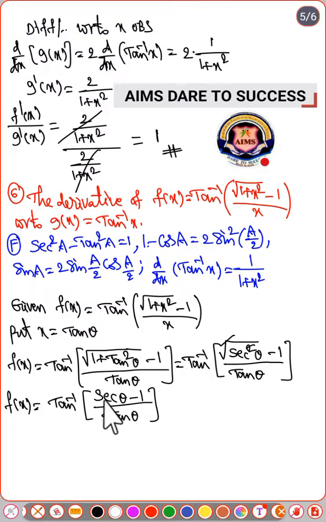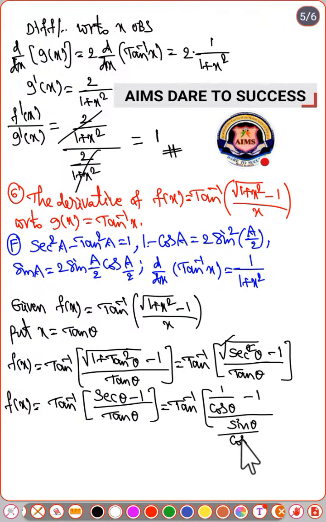Here also we do not have any differentiation formula like this, so we simplify. Secant theta can be written as 1 by cos theta, and tan theta as sin theta by cos theta.